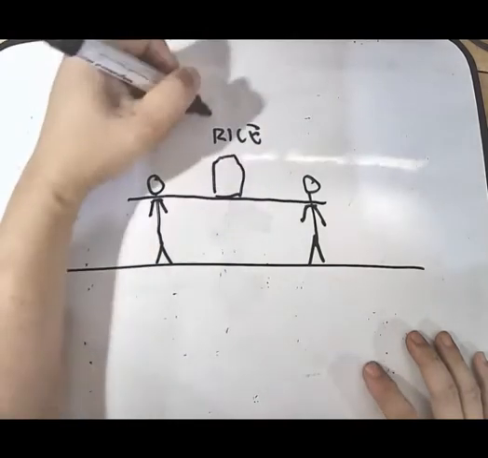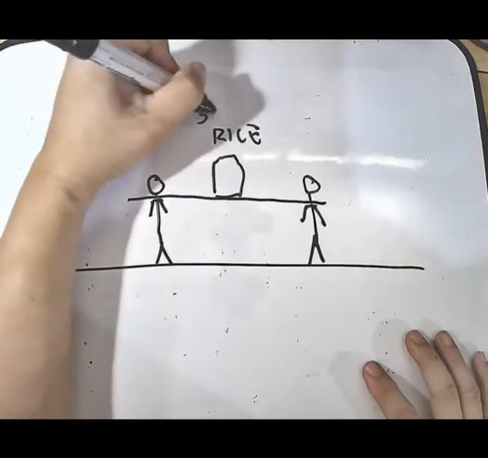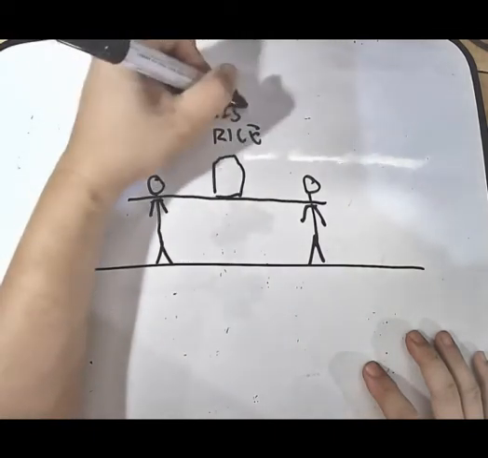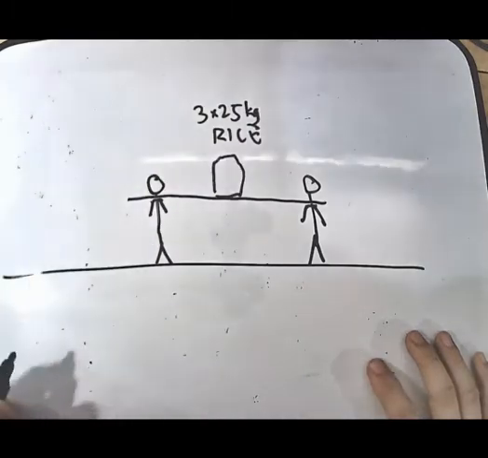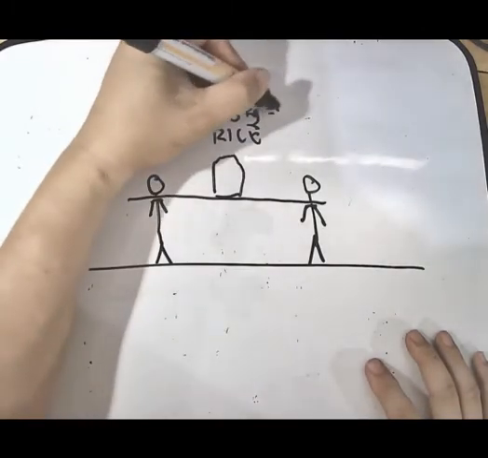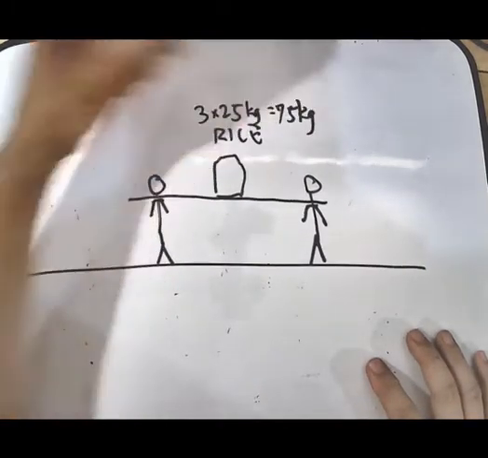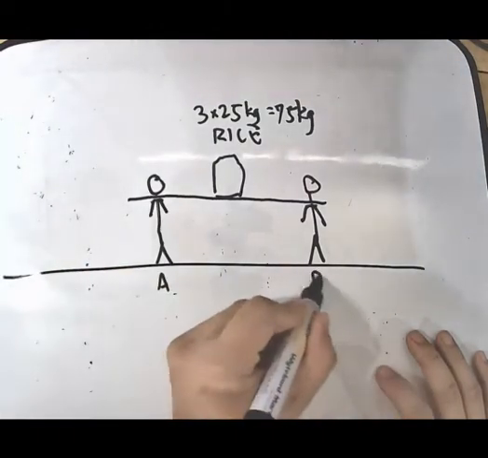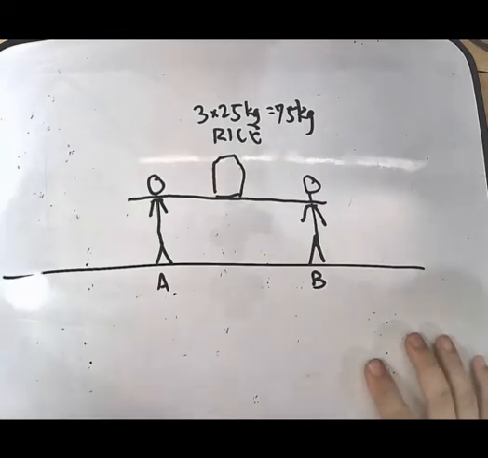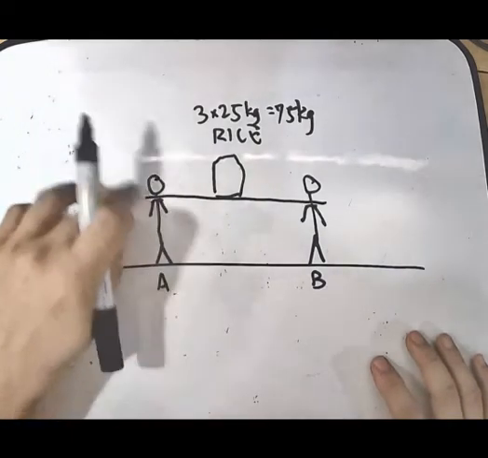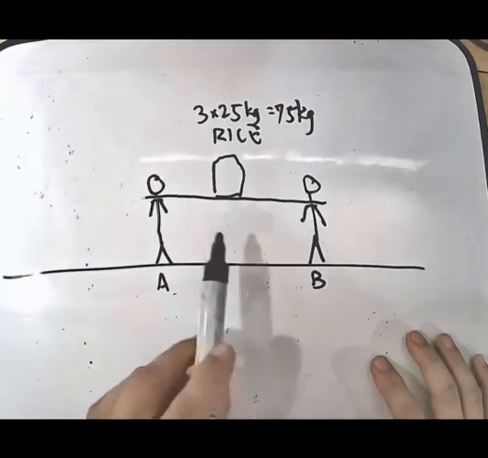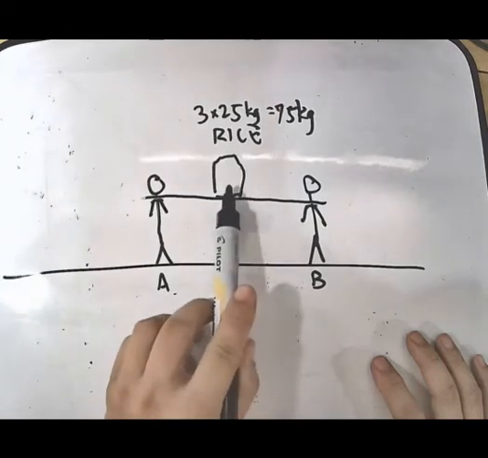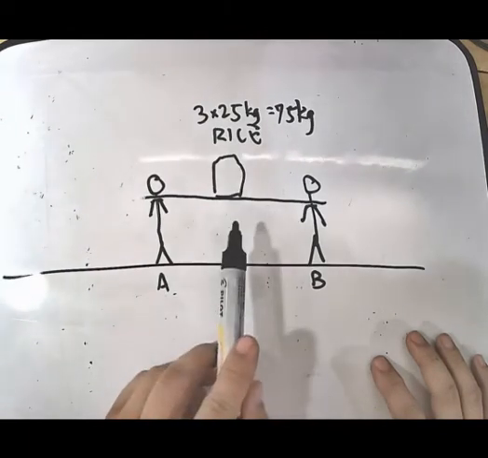Let's say, 3 na 25 kilograms. Okay, so that is 75 kilograms. Ngayon, ito si person A and then this is person B. Siyempre, para pantay ang binubuhat nila, kailangan yung tatlong sako ng bigas nasa gitna, di ba?